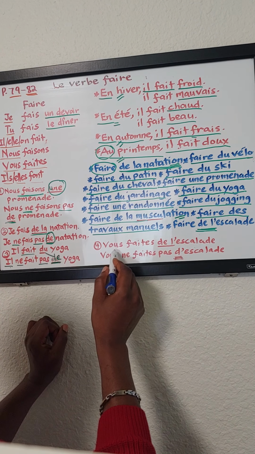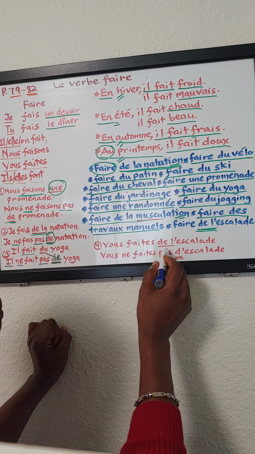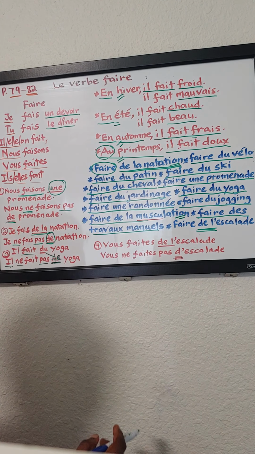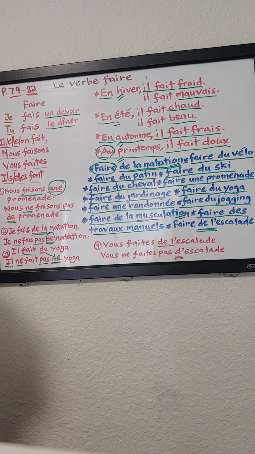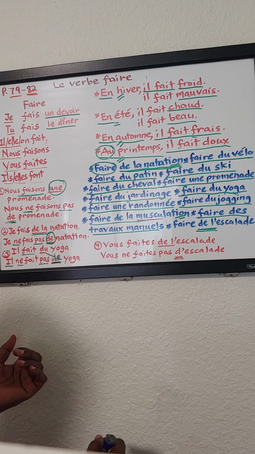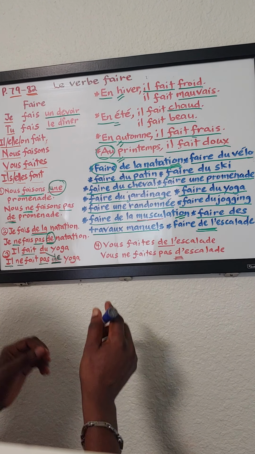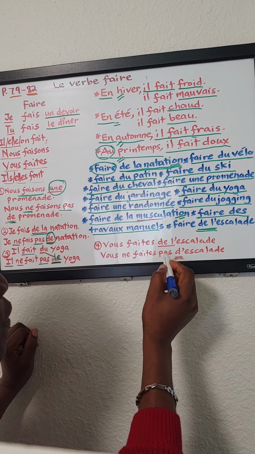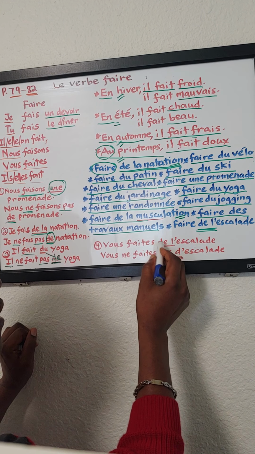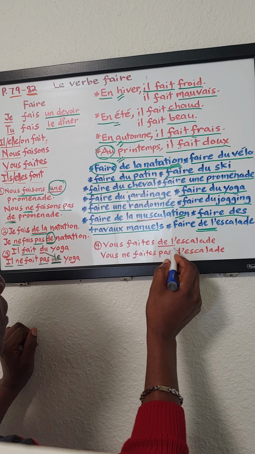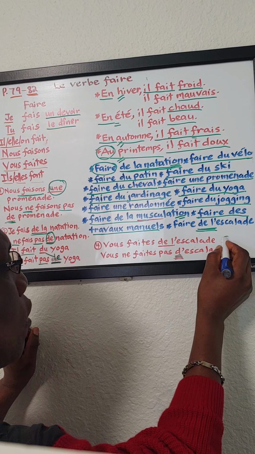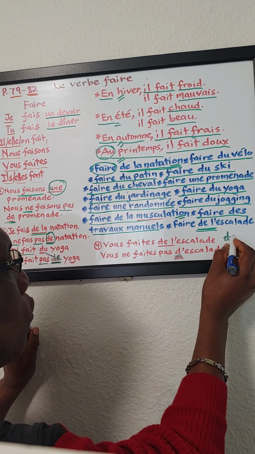Here. Vous faites de l'escalade. You go rock climbing, you go mountain climbing, right? What if you don't do that? Then the de plus l apostrophe will just simply change to de, right?